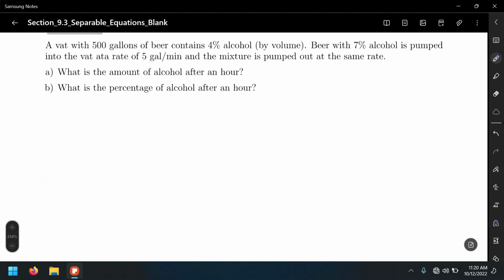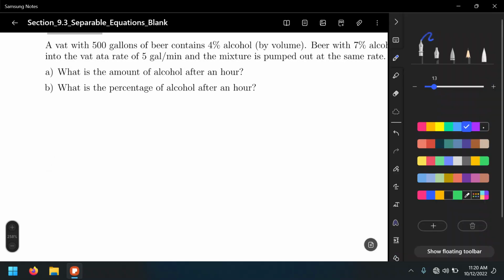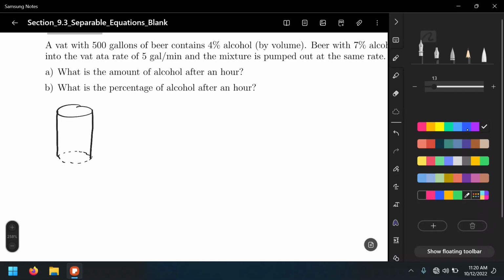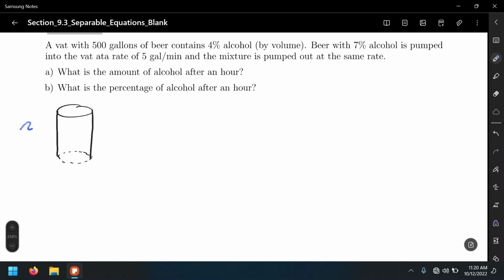All right. So number one, let's draw a picture here. So we have the tank. And what do we have for this situation? What's coming in?